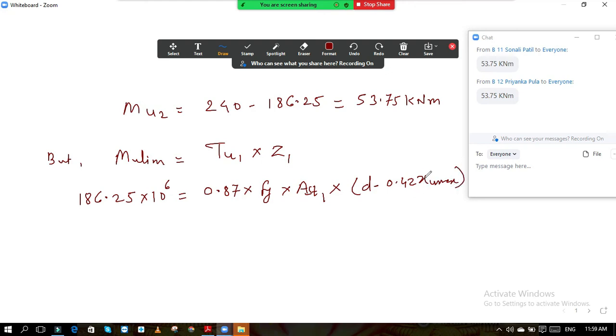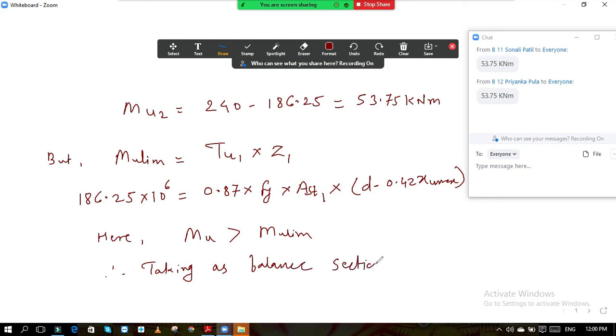Now see, if you compare the value of MU and MU limiting, your MU value, that is 240, is greater than your MU limiting. Therefore we take it as a balanced section. It will become over reinforced if your MU is greater than MU limiting, that is a doubly reinforced section.